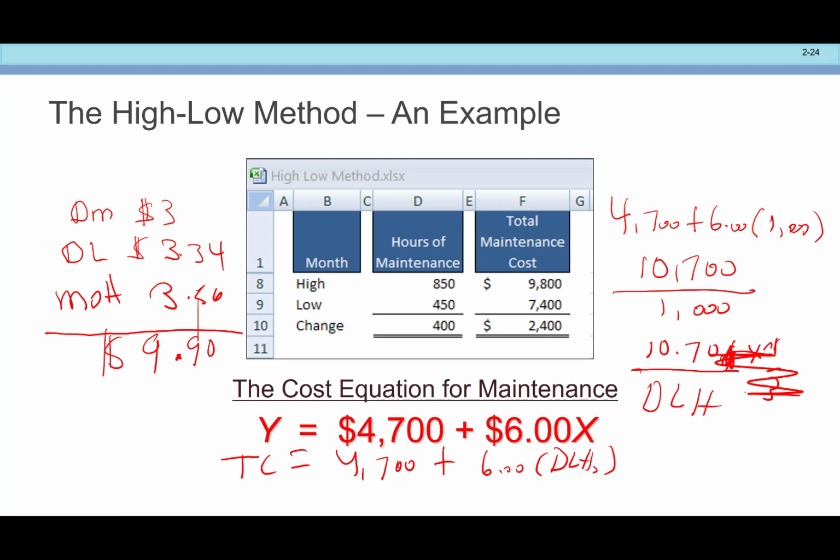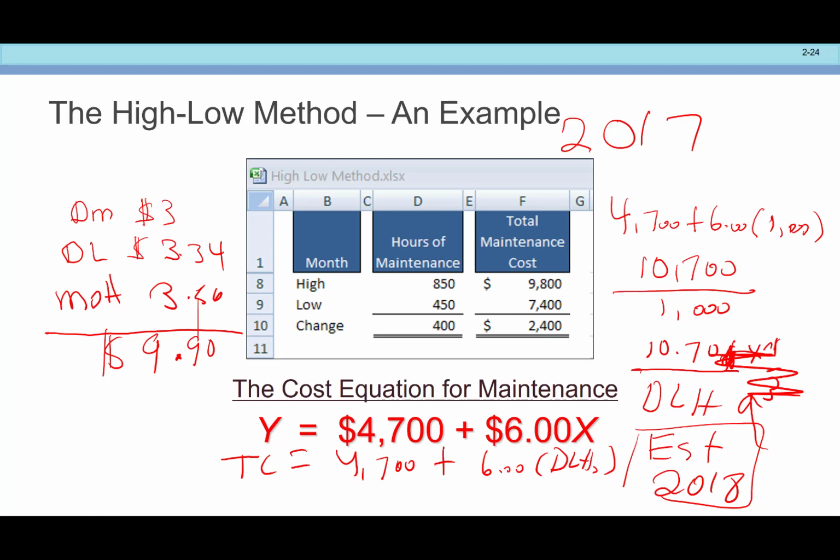We're doing this in 2017 using 2017 data, and we're trying to come up with an estimate for what, 2018? So do you understand that if we take our 10,700, what our costs were last year, and we divide that by the number of units that we think we're going to use this upcoming year, that's going to give us a predicted overhead cost of $10.70 per hour. Right?